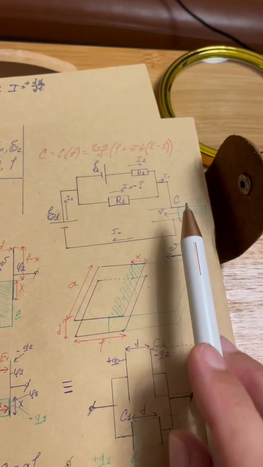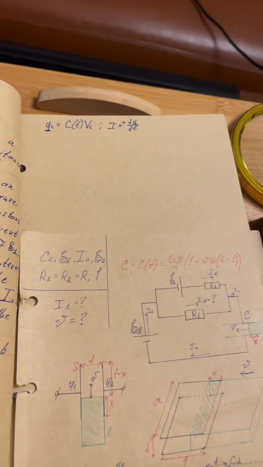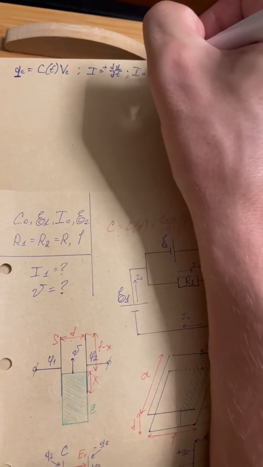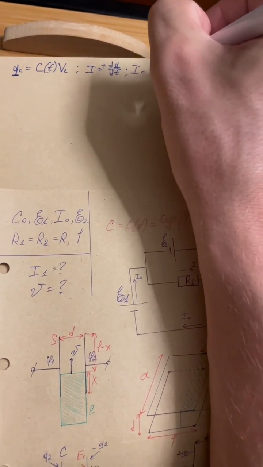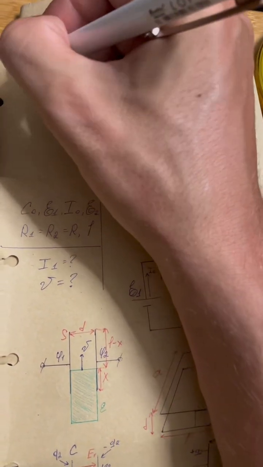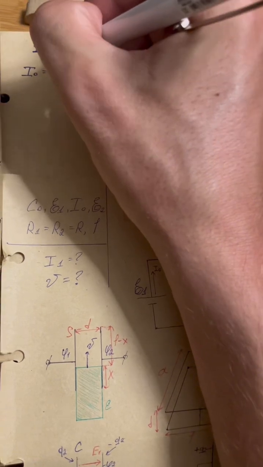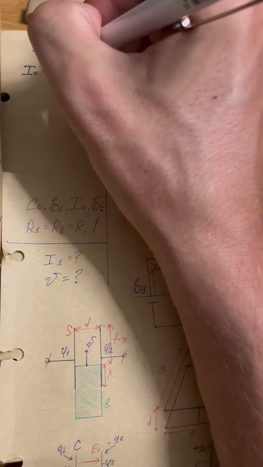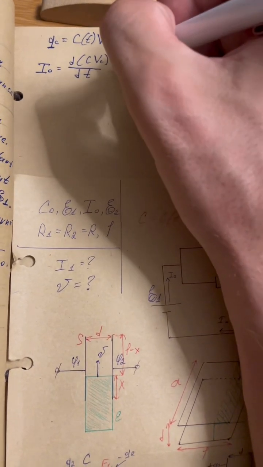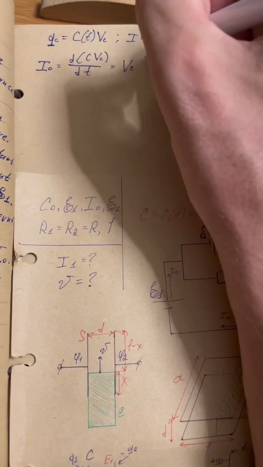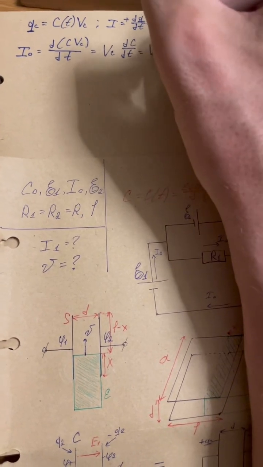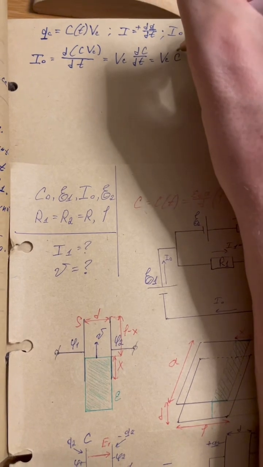So the charge is going to the capacitor from the battery, right? And we can say that the current I0 is just the derivative of charge on the capacitor's plates, QC dot. Then I can say that I0 equals d(C VC) over dt, the derivative, right? But VC is constant. So it turns out that it's VC times dC over dt. So it means it just equals VC times the derivative of the capacitance.